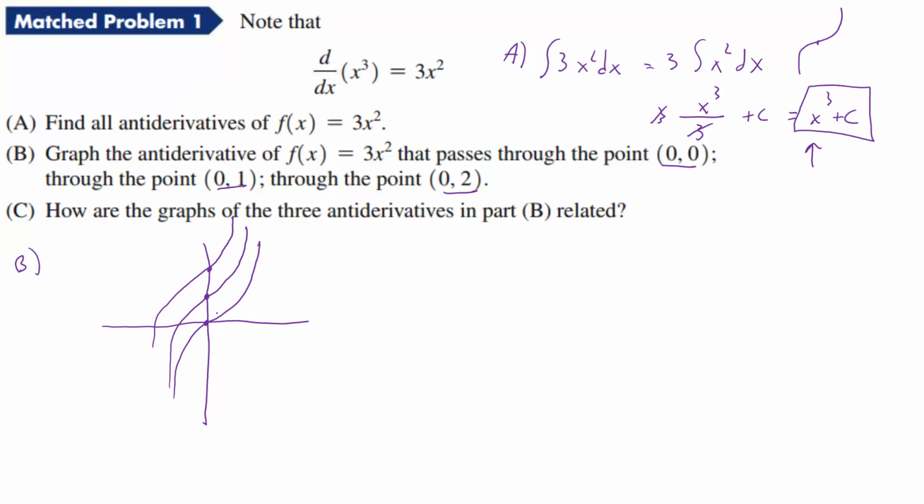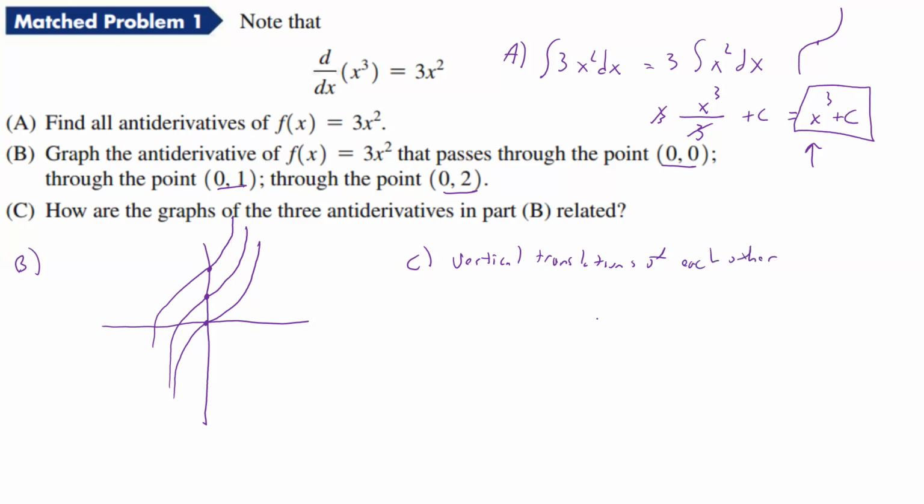Now, how are each of these 3 antiderivatives in part B related? Well, basically, we've just moved them up a piece, up a piece, and up a piece. What that means is they're vertical translations of each other.